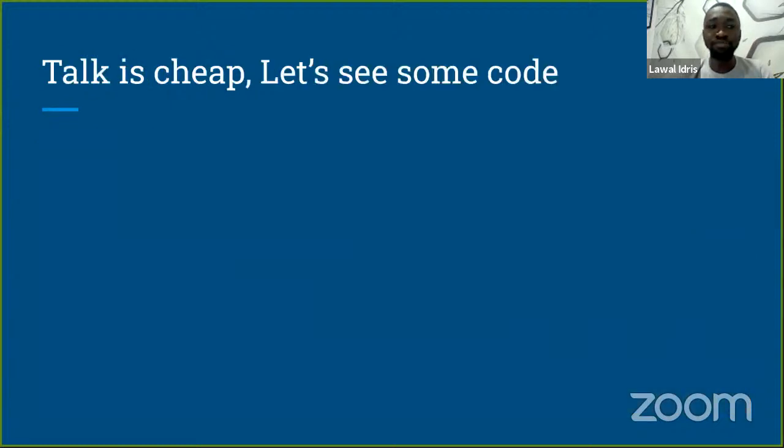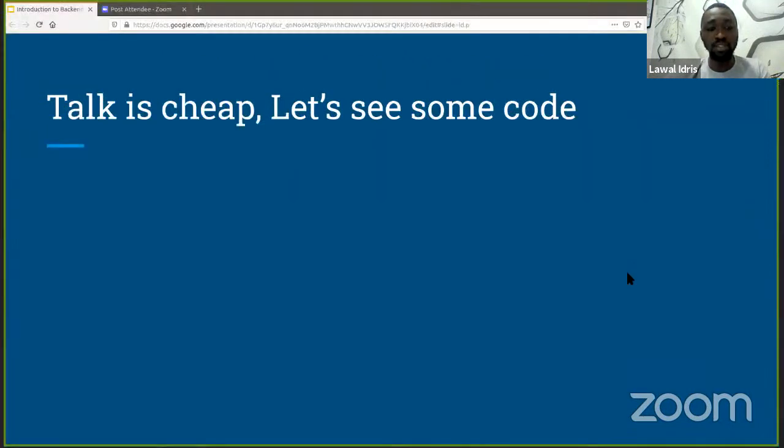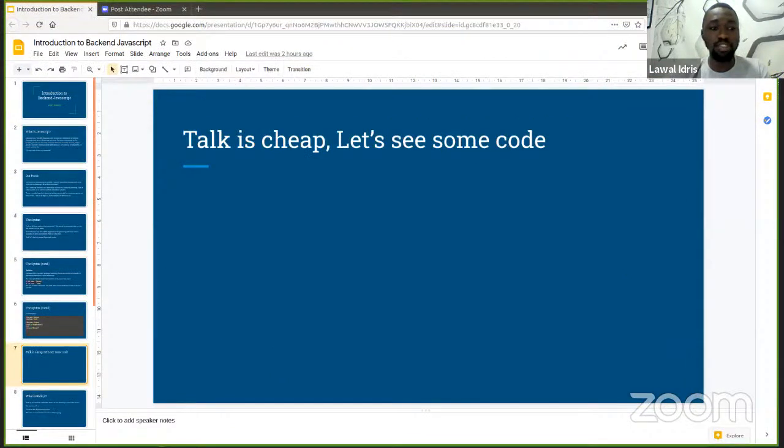And so, talk is cheap, right? So let's see some code. I will go out of this presentation slide now and into my IDE. Basically, I will be using Sublime Text as my editor here, and I have a small terminal. So let's clear this out so we begin fresh.